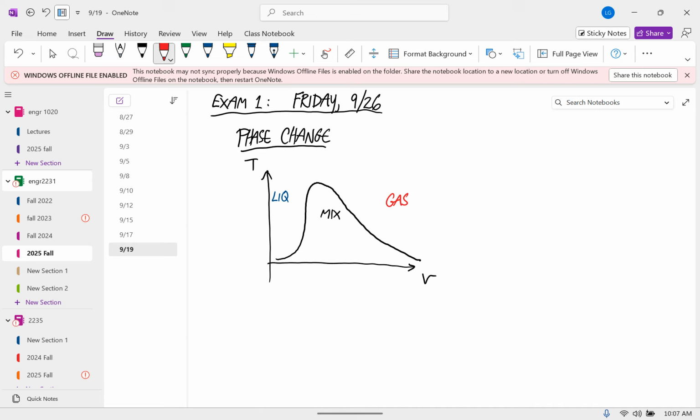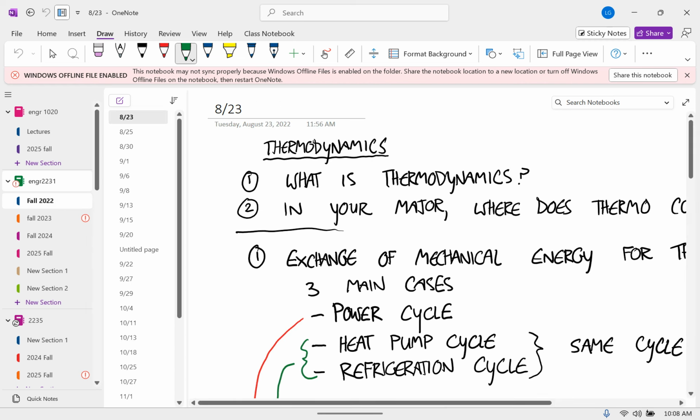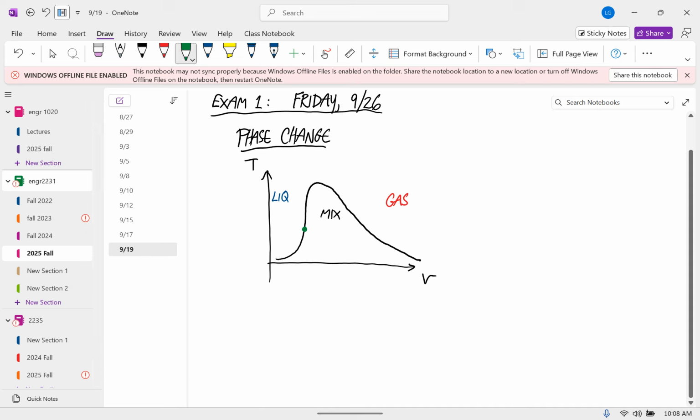And we're going to look at what happens as you increase internal energy in a material. So here's the vapor dome. If you start out with a liquid and you add internal energy to the liquid, it goes like this.